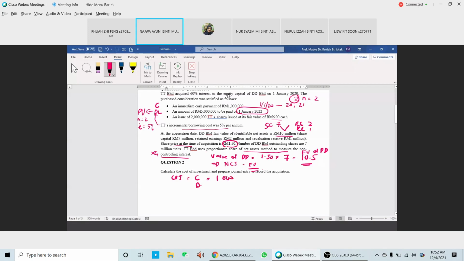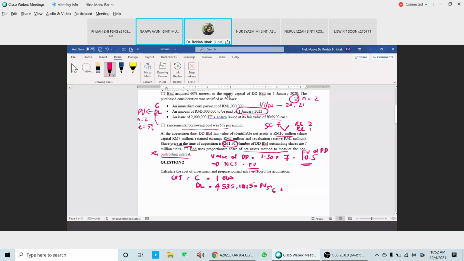Then the PV is 4,535 million. This one is for the deferred liability. You have 5 million times the PV factor at 5% and N of 2, so you're going to have 4,535. Someone got 147 when calculating using the PV table.